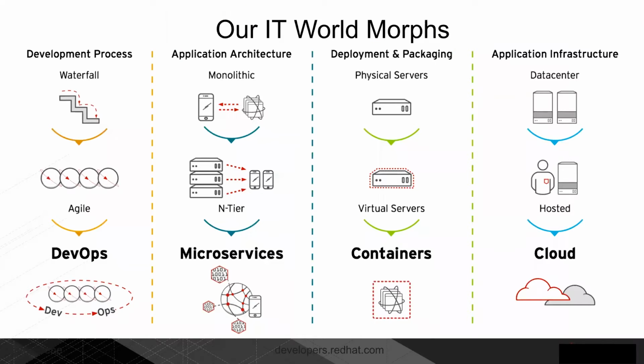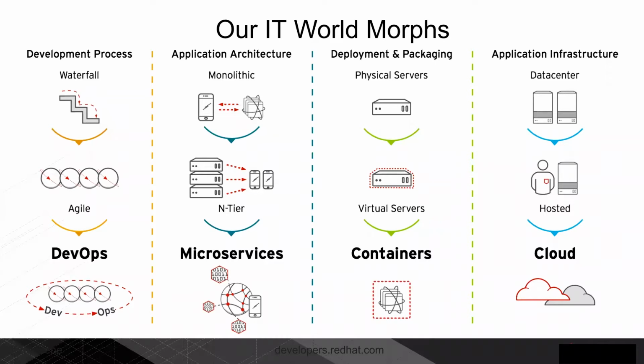So we see that the world changed in all areas. It changed in the development process, where we saw waterfall becoming agile, and now we talk about DevOps. In the application architecture space, we started producing monolithic applications, then 3 tiers, N tiers, and finally we are doing microservices.